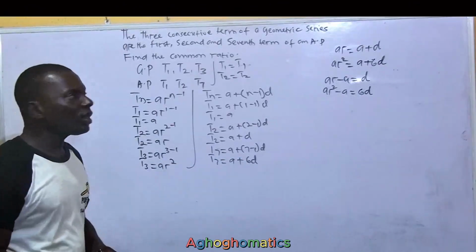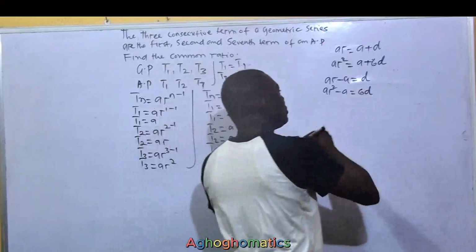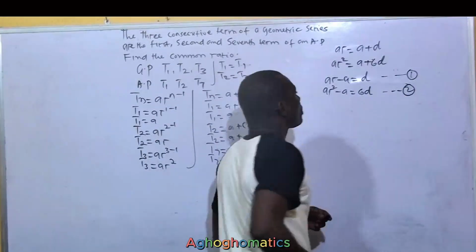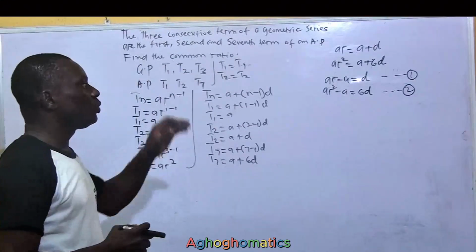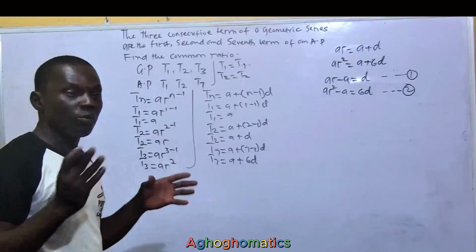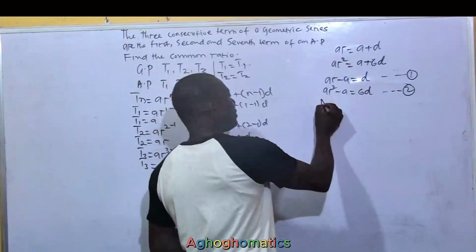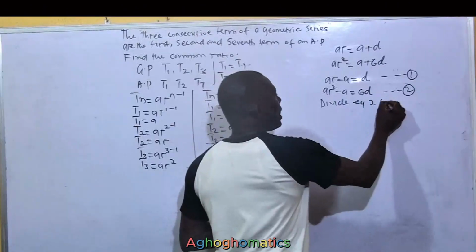Now, all we need to do here is very simple. Assume we name this as equation 1 and this as equation 2. We need to divide equation 2 by equation 1, or equation 1 by equation 2. So we just divide equation 2 by equation 1.